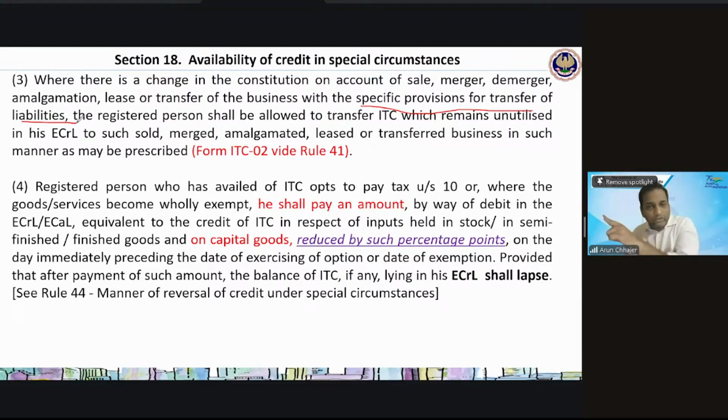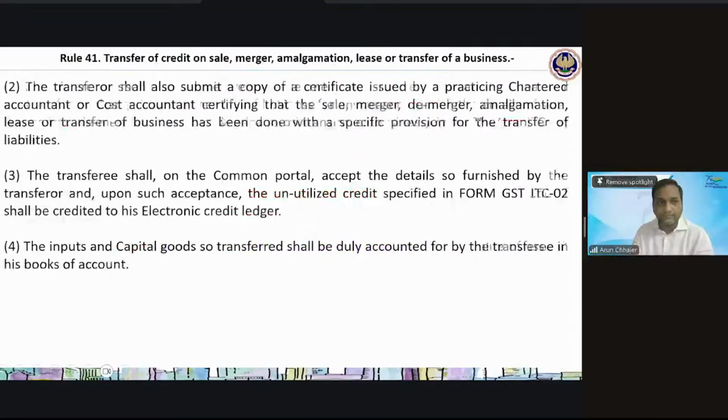When there is a change in the constitution, sale, merger, demerger, amalgamation, the specific provision has to be there for transfer of the liability, which needs to be certified by the chartered accountant or cost accountant. The transferee accepts the details so furnished by the transferor, and upon such acceptance, the unutilized credit specified in the ITC 02 shall be credited to the electronic credit ledger. Okay.